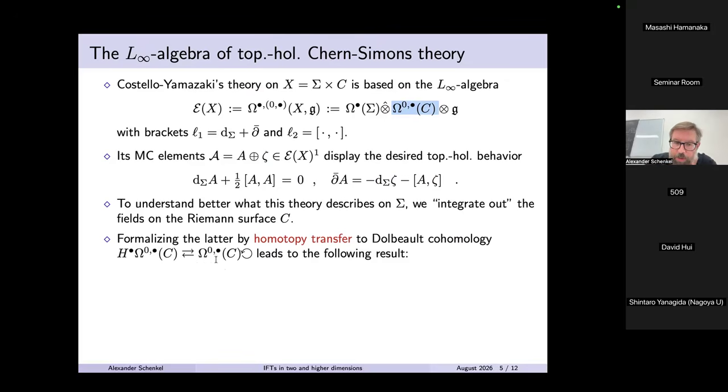So you can always find, for example, Hodge theory on the Riemann surface gives you that, a strong deformation retract which allows you to include the cohomology into the Dolbeault forms, project Dolbeault forms on cohomology, and here is a homotopy which describes that projecting and including is not necessarily the identity, but just homotopic to the identity. So these deformation retracts, which you, for example, get from Hodge theory, you can use in order to replace here the Dolbeault forms with the Dolbeault cohomology.